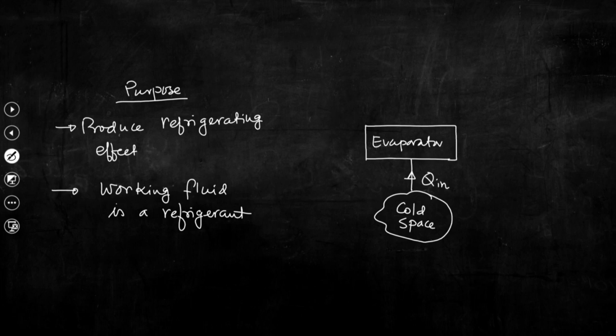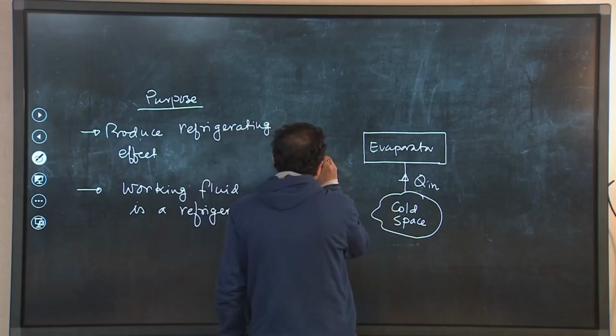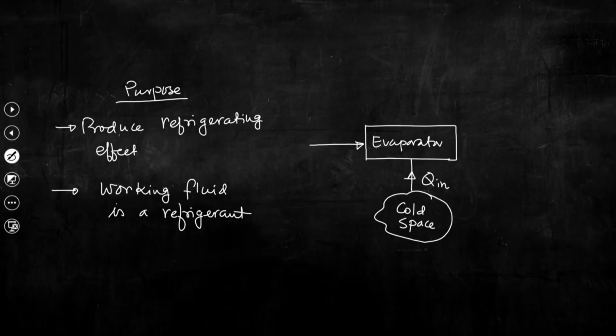We shall be discussing this type of fluid later. Now, on receiving heat from this cold space, the working fluid will be evaporated, and that is why this device is known as the evaporator. This working fluid has a few distinctive properties, which we shall discuss later in today's class.